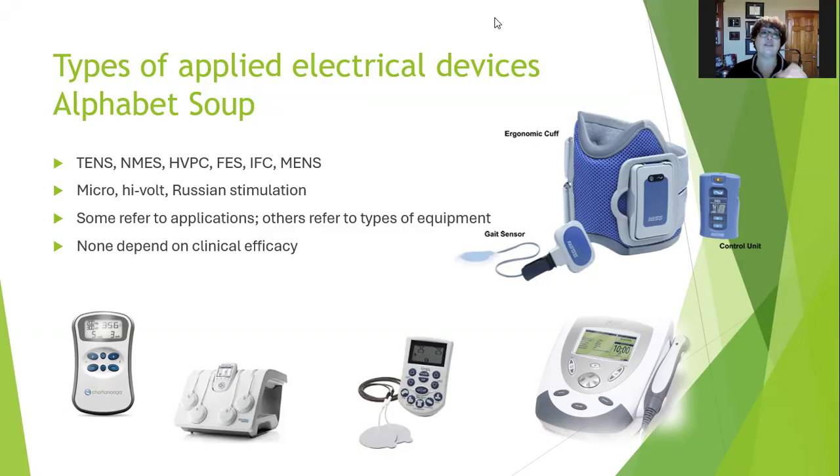So NMES usually doesn't refer to a particular device or a particular application. It usually refers to neuromuscular electrical stim. High voltage pulsed current is usually a particular type of device that's used for wound care or other specific applications. FES, functional electrical stim, is usually something you're using the electrical stim in a particular way in order to improve neuromuscular function.